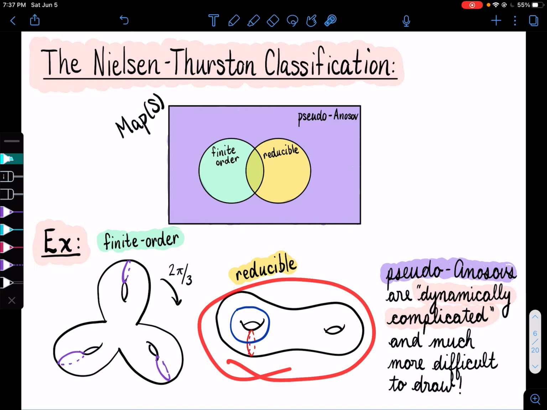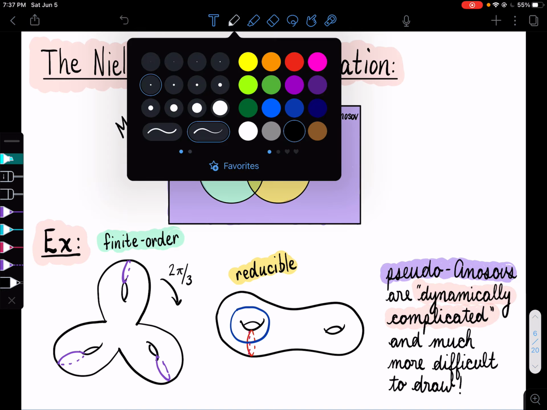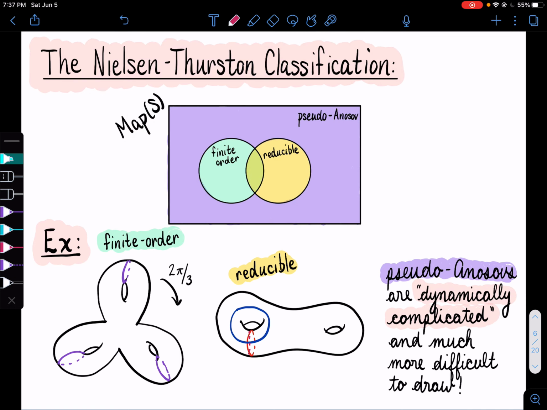Then here, I've drawn another example. This is something called a Dehn twist. Here's the actual homeomorphism: I take this blue curve and I twist it around this red curve. You can see the action on this curve. I come around, twist, and I go back.